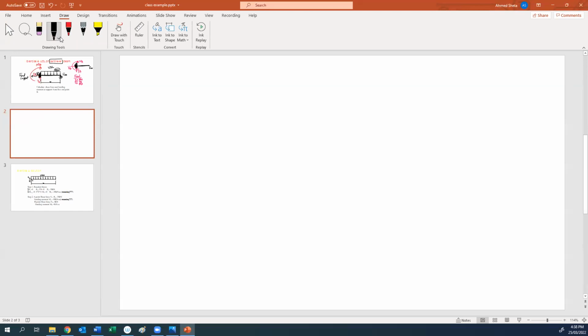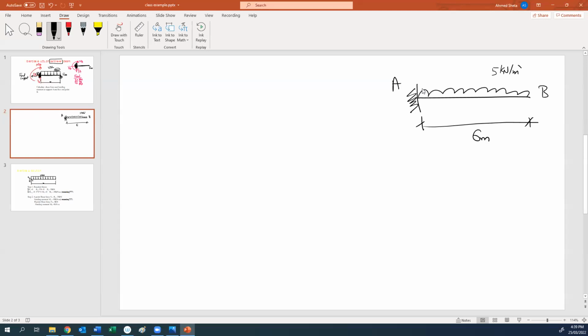Now, this is our beam, and this is the fixed support A, and B is the free end. We have a uniform distributed load of 5 kilonewton per meter, and this length is 6 meters.